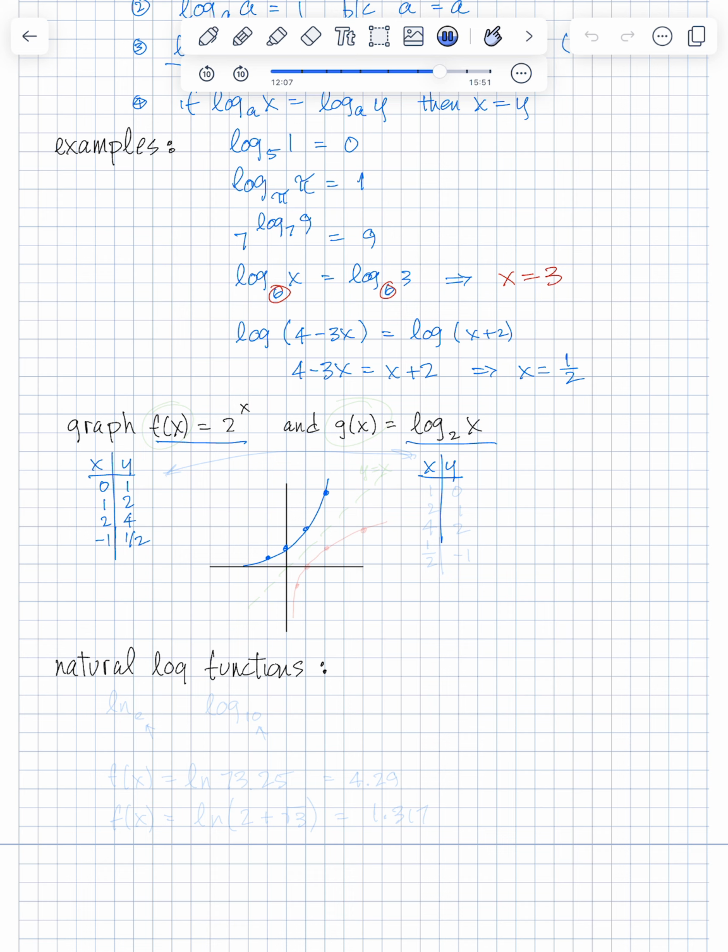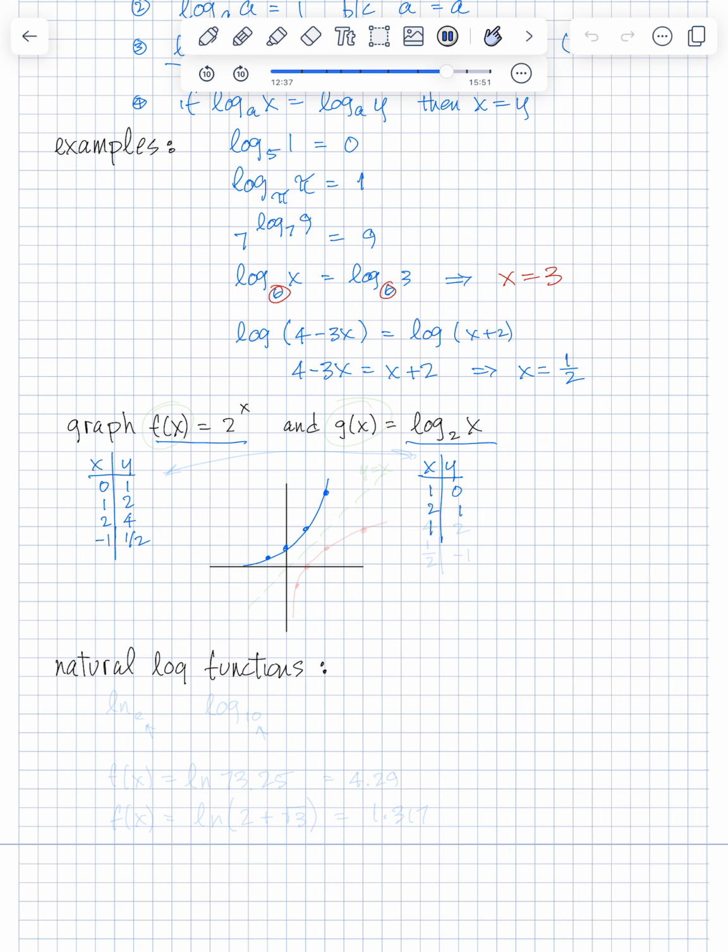We can't take the log of 0, that's not allowed. So when we take log base 2 of 1, y is 0. Log base 2 of 2 is 1.